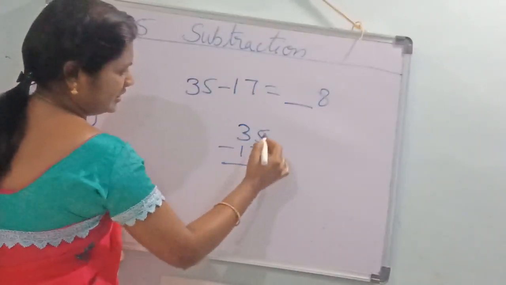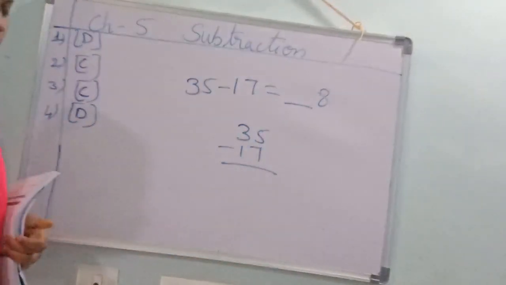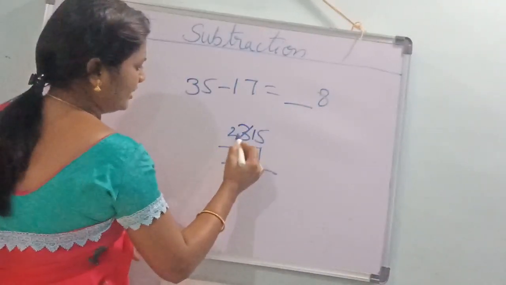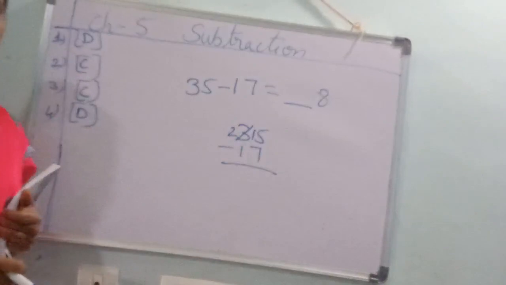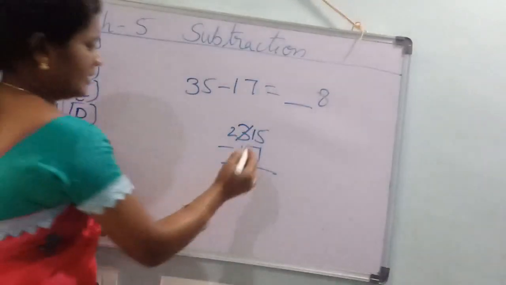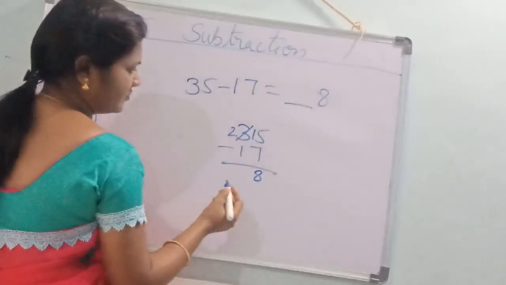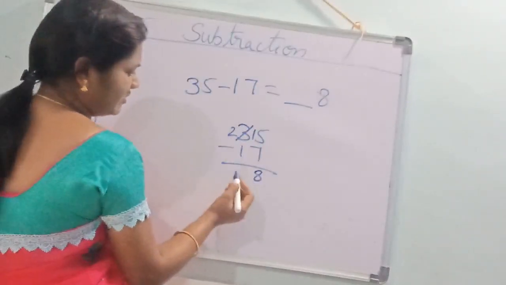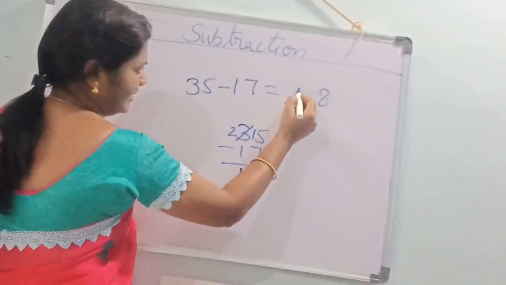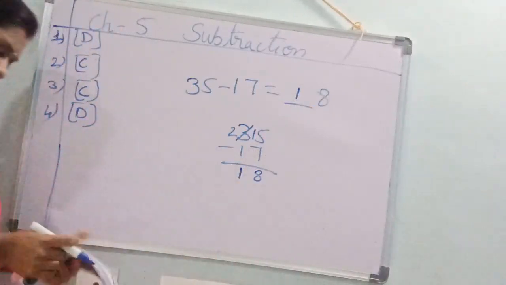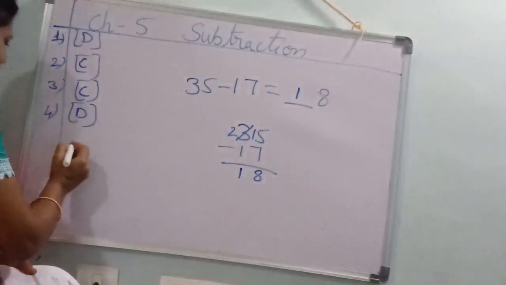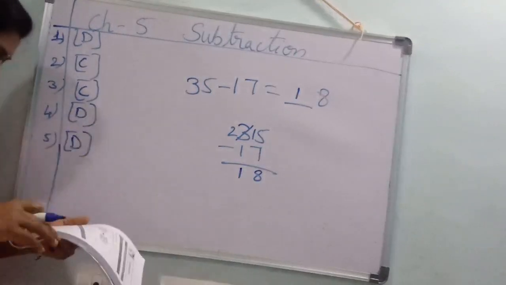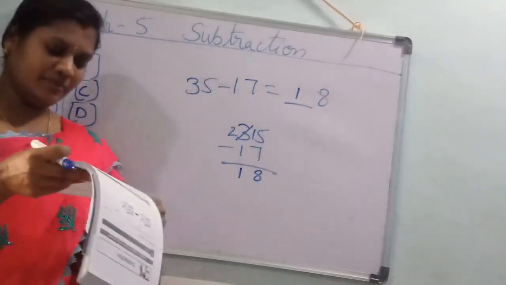From the 5, will 7 go? No. What do you have to do? You should borrow from here. Here 15, here 2. From 15, will 7 go? Yes, it will go. 15 minus 7 is 8. 2 minus 1 is 1. 1 is missing. Where is the option? Option D. Understood?